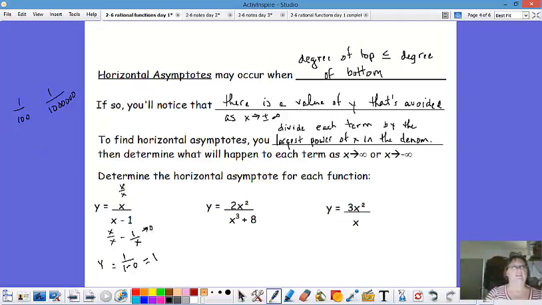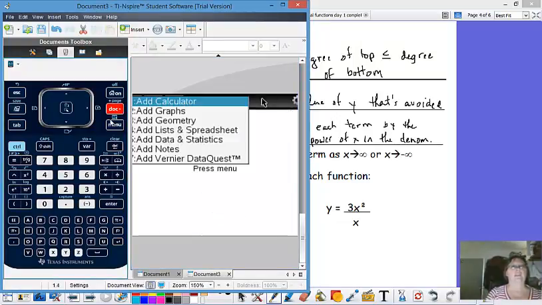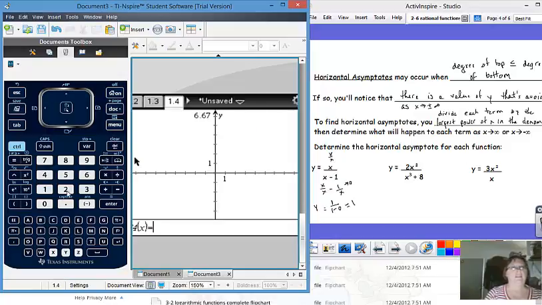Now that's worth checking out. So I'm going to get back in here, get a new graph page, and what we were looking at was, now I forgot the function, x over x minus 1. So I want x divided by the quantity x minus 1.